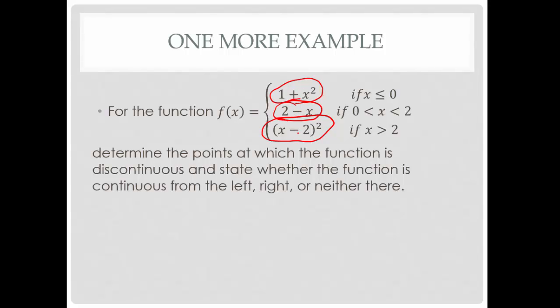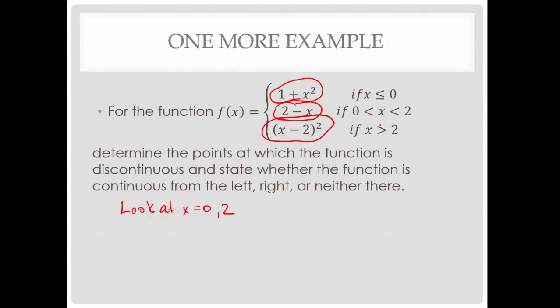So I don't pick up any clues there. But this is a piecewise defined function, so I need to examine where we are switching from one piece to the other. Well, that's actually two places in this case. I need to examine x equals 0, and I need to examine x equals 2.